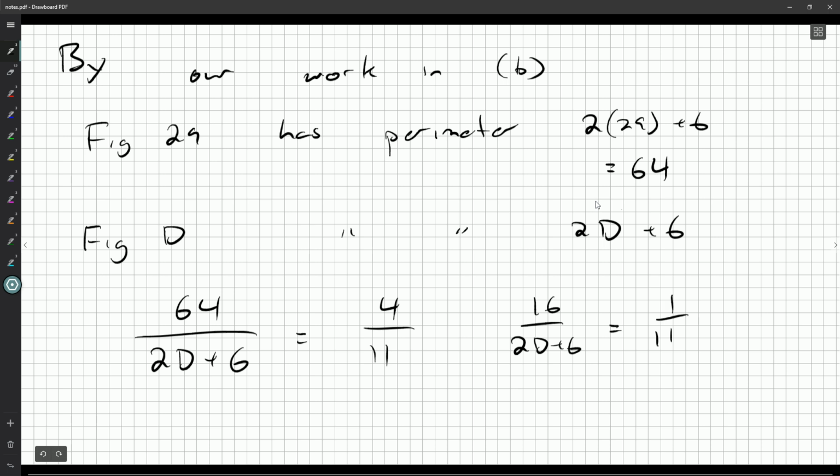If we multiply both sides by 11, we'll get 176 over 2d plus 6 is 1. If we multiply both sides by 2d plus 6, we'll see that 176 is 2d plus 6. Subtract 6 from both sides. 170 is 2d. Divide by 2 on both sides, and you'll get 85 is d.